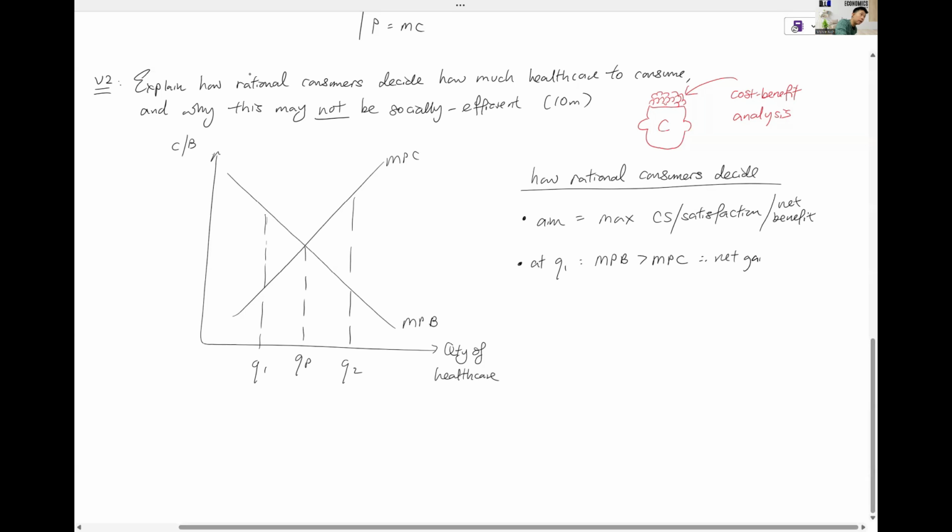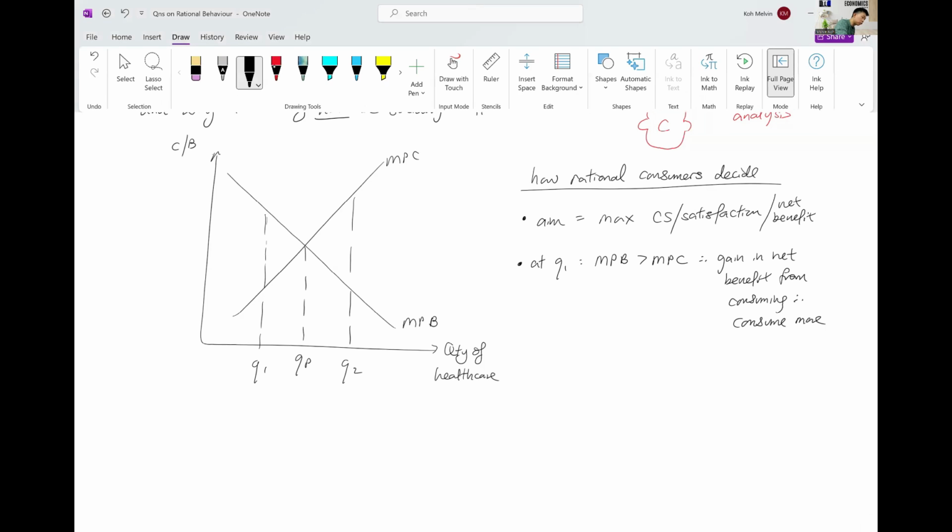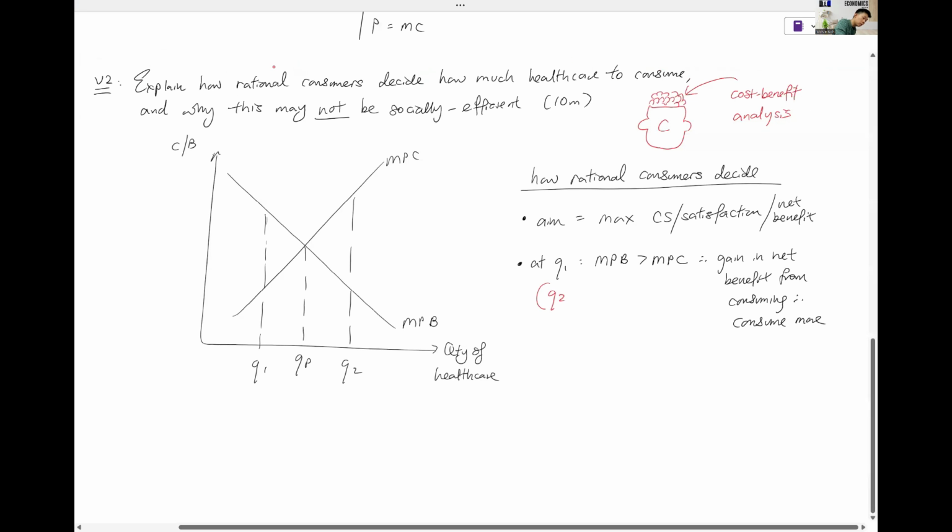Net gain in benefit, or rather gain in net benefit, from consuming. Therefore, you consume more. Of course, the same applies at Q2. Loss in net benefit, therefore you consume less. I just try to cut short the writing.